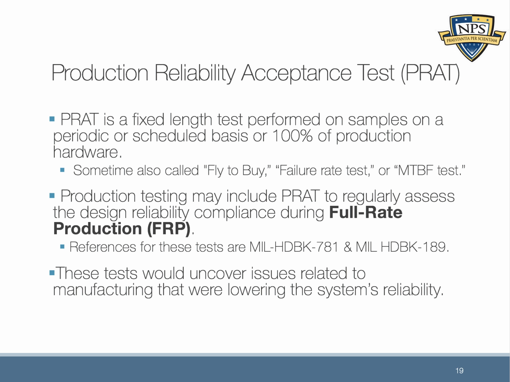As a practical example, let's say you have a program in full rate production, things are verified, things are pretty standard, and out of nowhere, a failure begins to occur and continues at a pretty high failure rate.